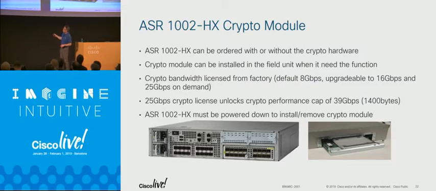So again, default 8 gigabit per second crypto performance, upgradable to 16 and 25 gig. Once you upgrade to top tier crypto license, you are able to reach 39 gigabit per second with IMIX traffic, with the 1400 byte packet, with large packet size.